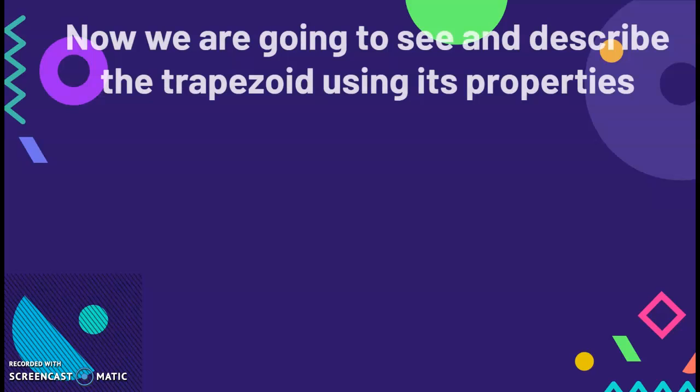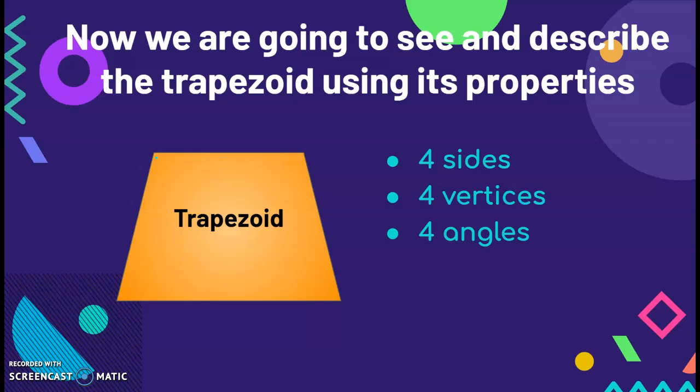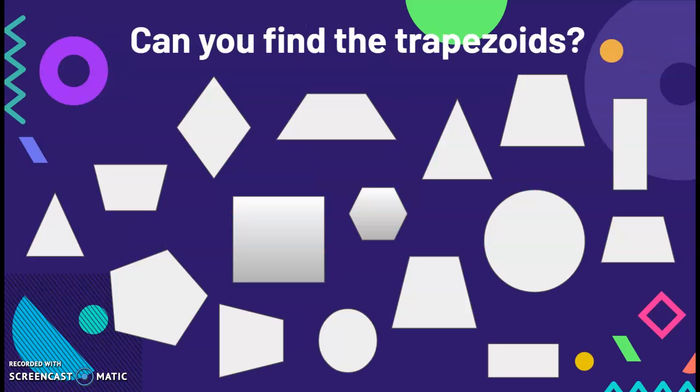Okay, we are going to see and describe the trapezoid using its properties. The trapezoid has 4 sides. 1, 2, 3, 4. It has 4 vertices and 4 angles. Can you find all the trapezoids? Let's see. Now remember, they could be upside down too, okay? 1, 2, 3, 4, 5, 6.